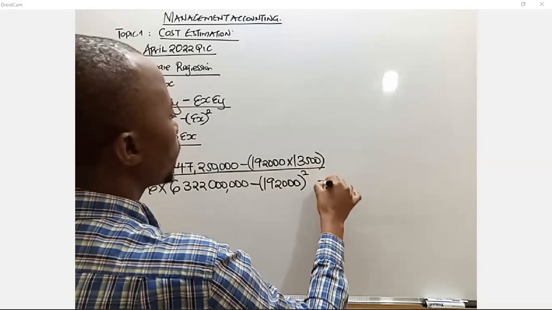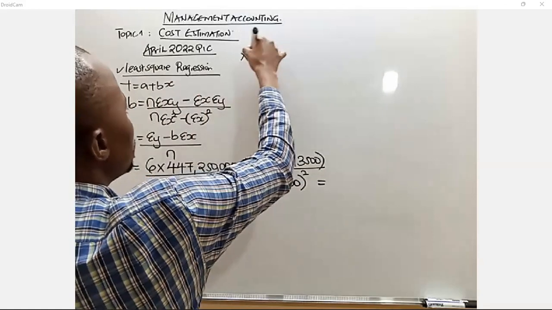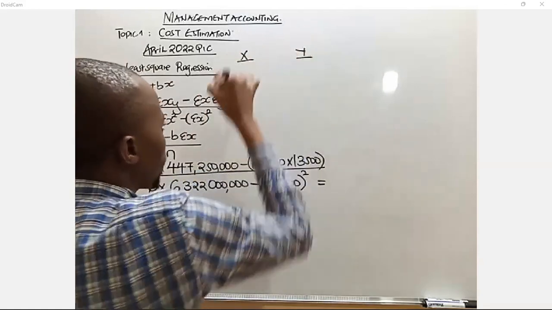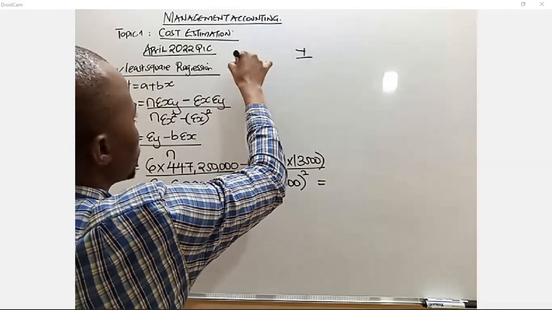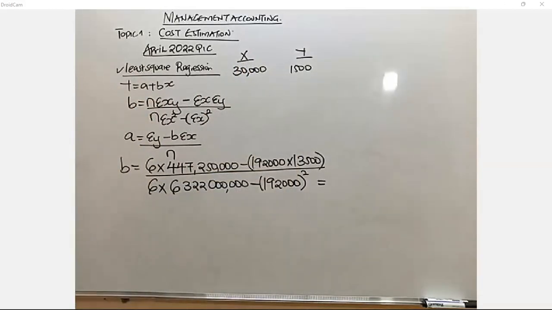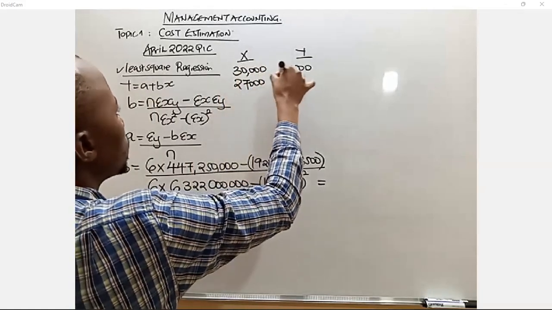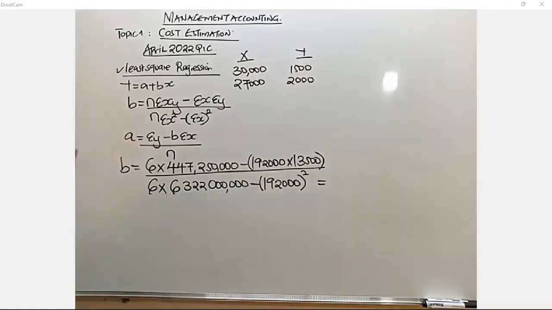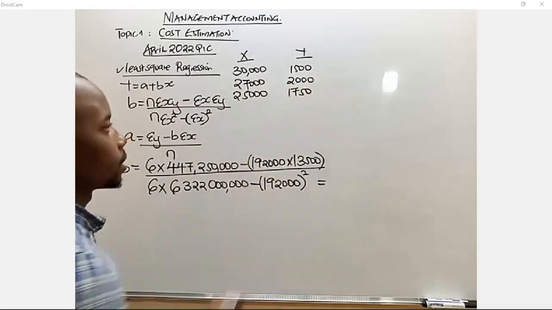But now you will ask me, teacher, you told me I'm supposed to be taking shortcuts. And I will say yes. Because I can just write my x and y's here and put them on my calculator. So in this case, for example, we have 30,000 and 1,500. We also have 27,000 and 2,000. Then the other one will be 25,000 and 1,750.